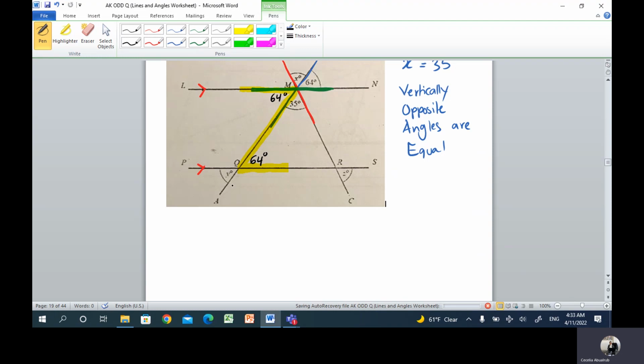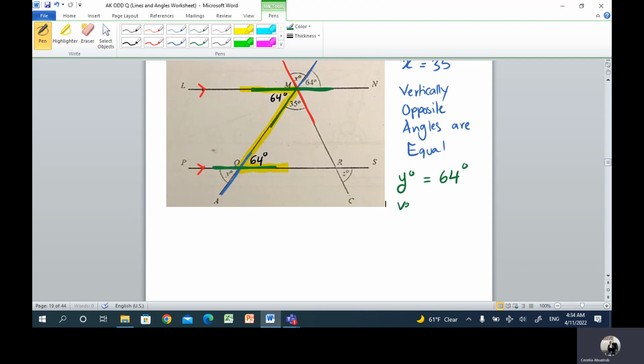Why? Because if I draw the navy line here and the green line here, then the angle between the navy and the green, so we will put that Y is equal to 64 degrees. And why is that?